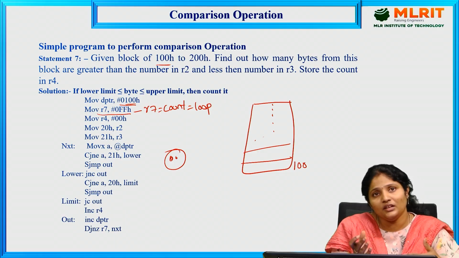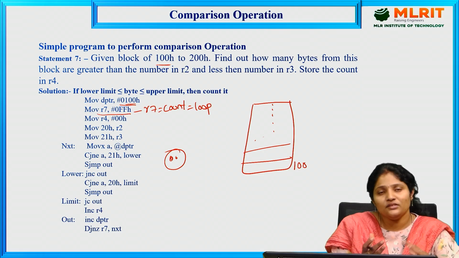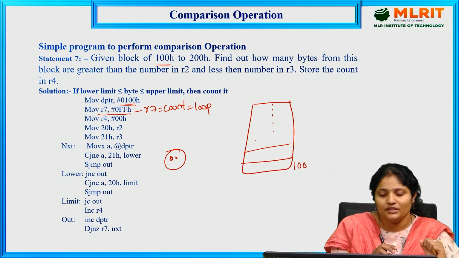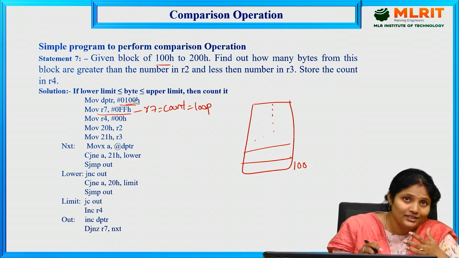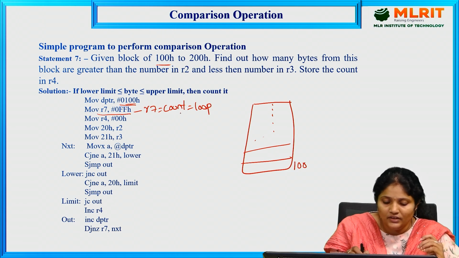So how will we communicate with the external RAM locations? We always use the DPTR, the data pointer, to hold the external address. That's why we are giving this 16-bit address to the DPTR. R7 is used for the loop counter, 255 times.